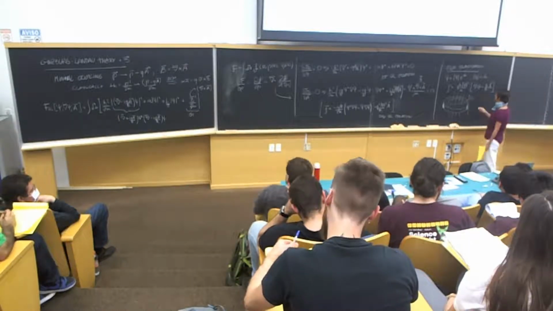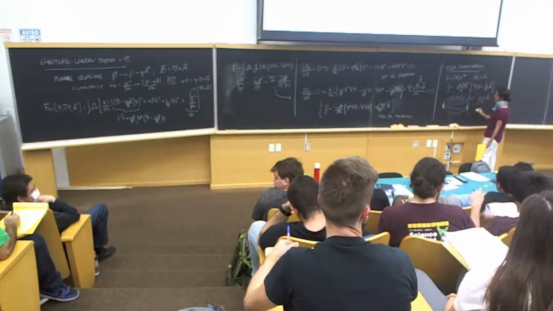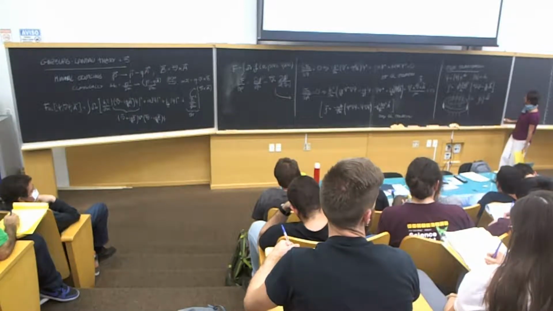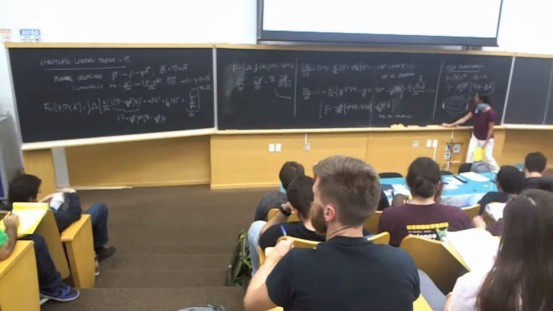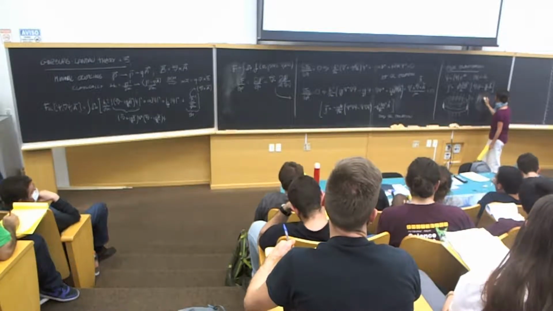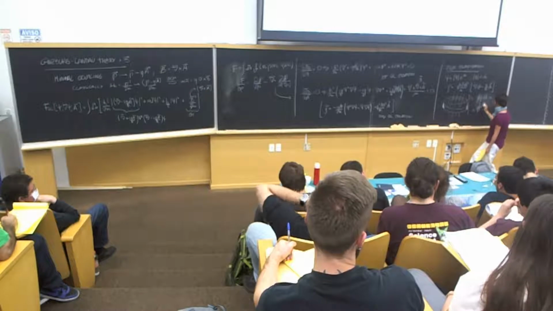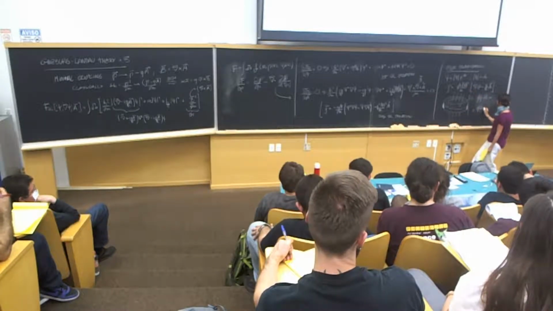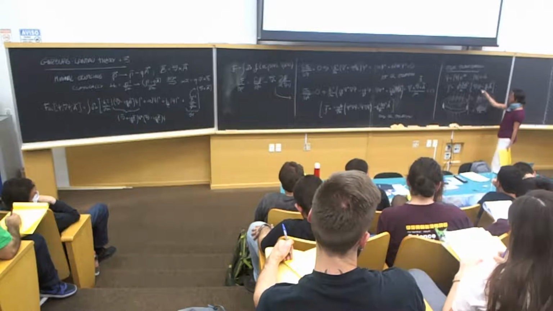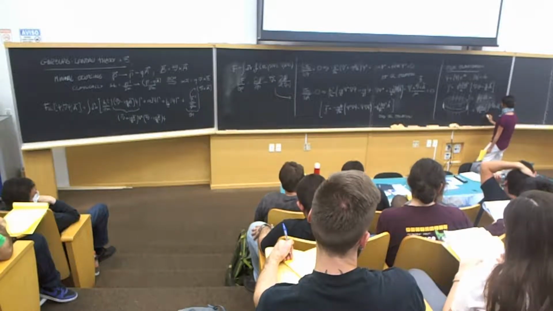So take now the integral over this density. We have rho, the loop in.